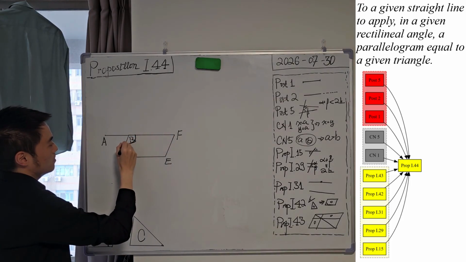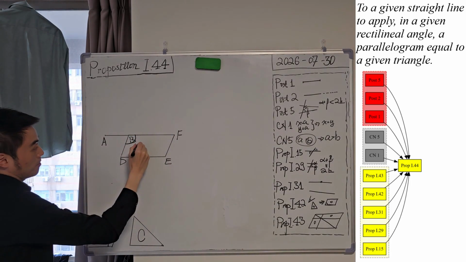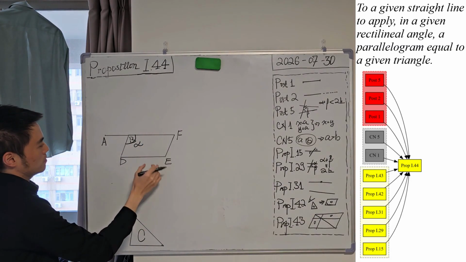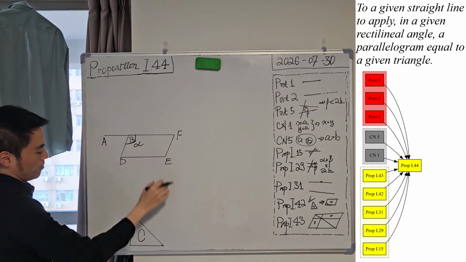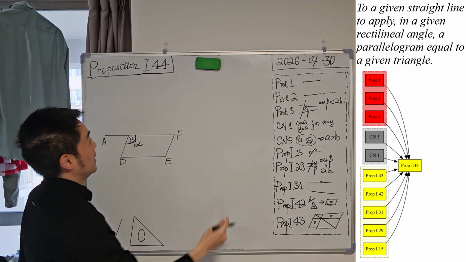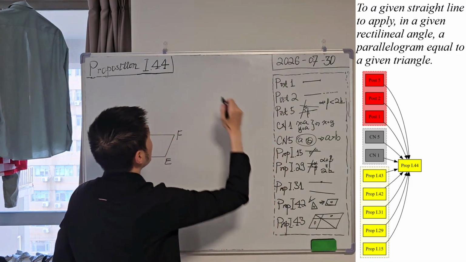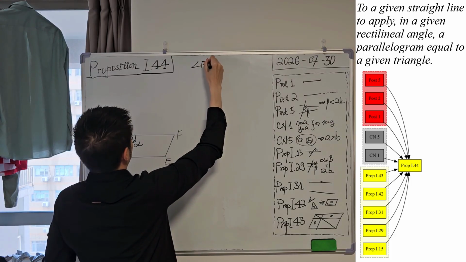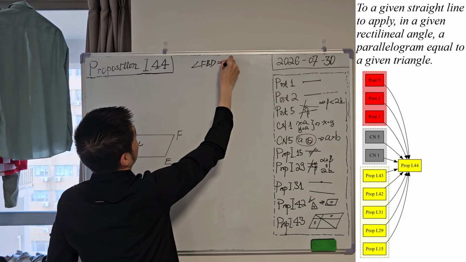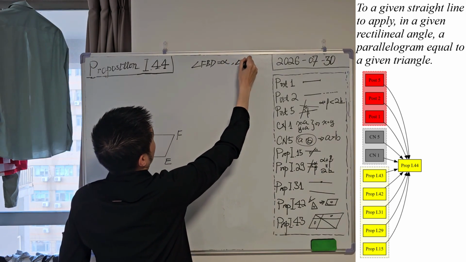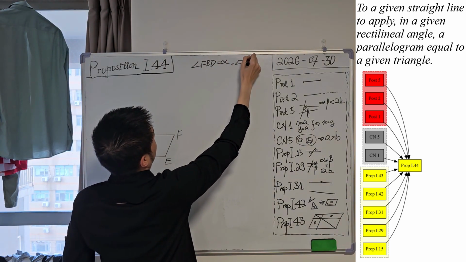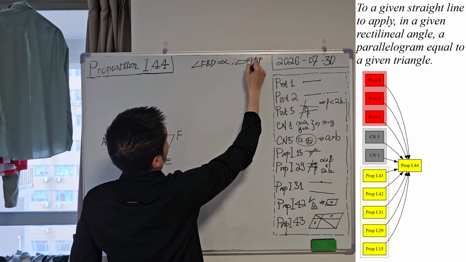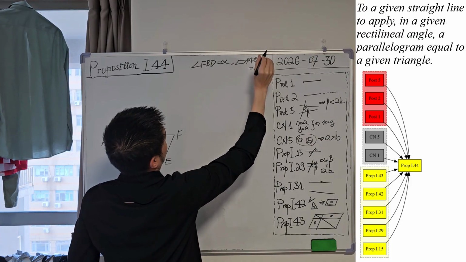So this angle will be equal to the given rectilineal angle alpha, right? And the area of this parallelogram will be equal to triangle C. So we have angle FBD equals alpha and BDEF equals triangle C. Okay?